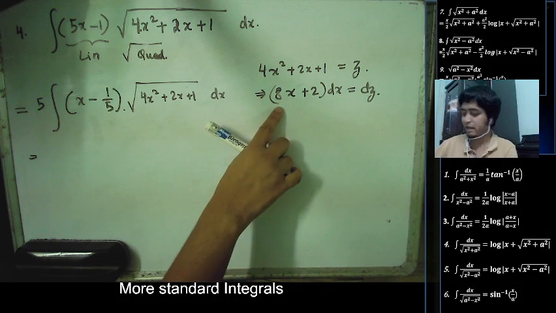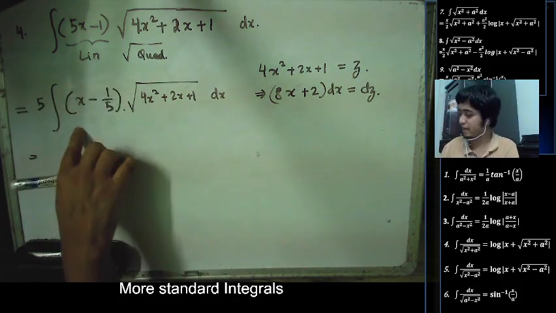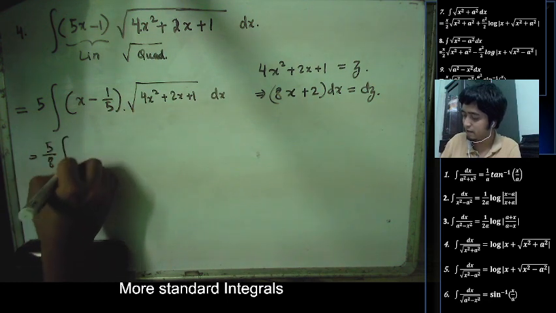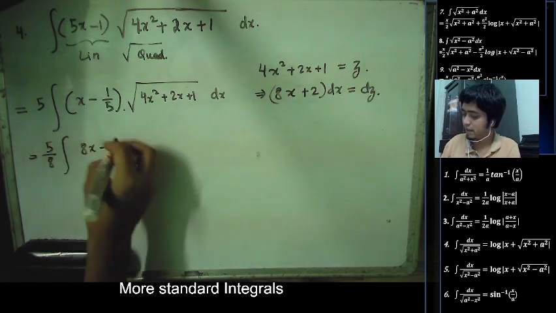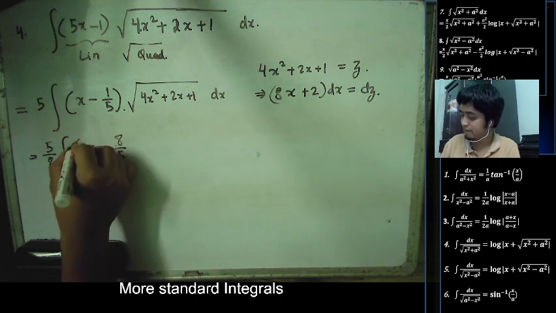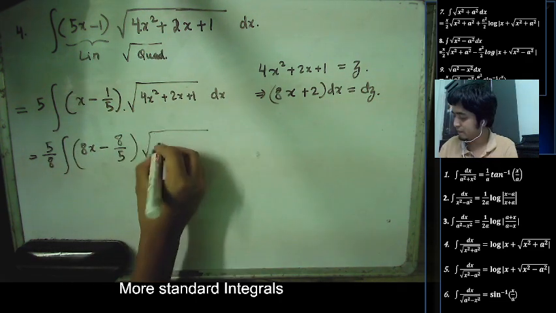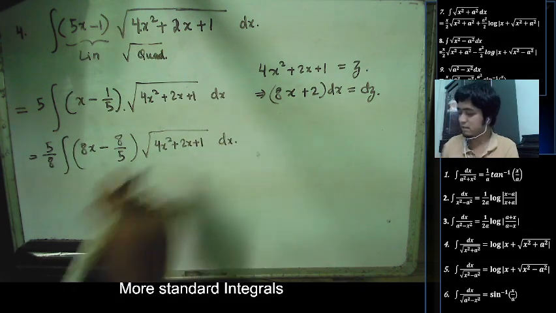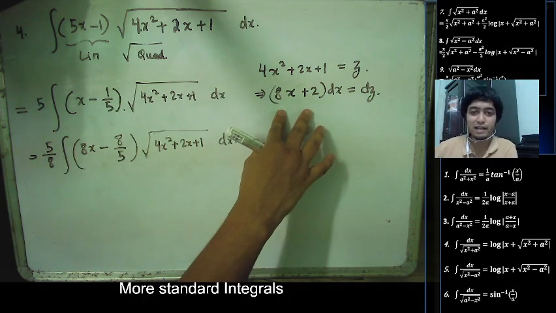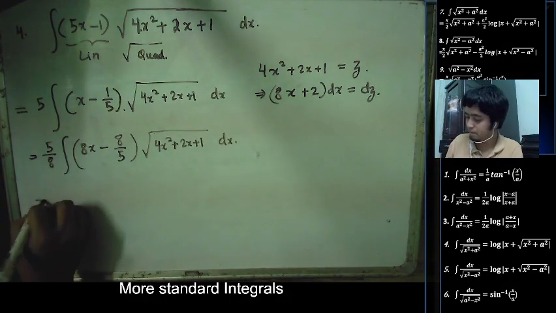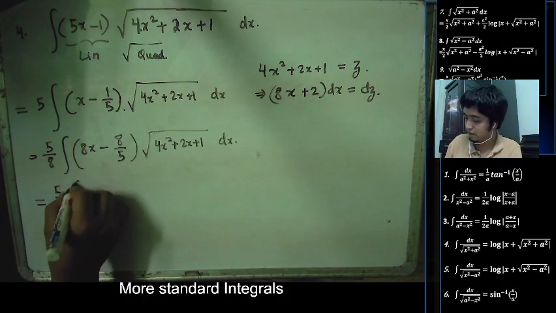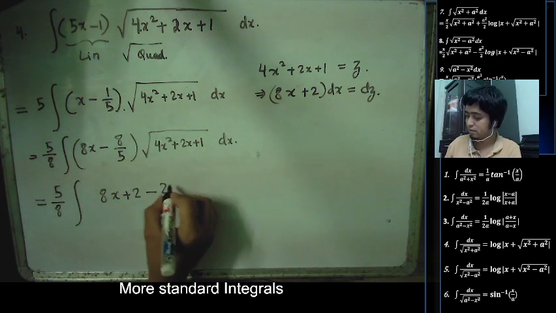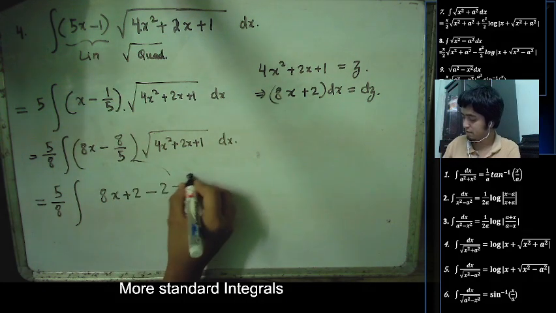Now we will be needing 8, so we can multiply and divide by 8 because we need 8x here, minus 8 by 5, over root of 4x squared plus 2x plus 1 dx. Now you see that we will be needing 8x plus 2 in the linear. So 5 by 8, I will just write over here 8x plus 2, and then I will subtract 2. But then this one will also be there.